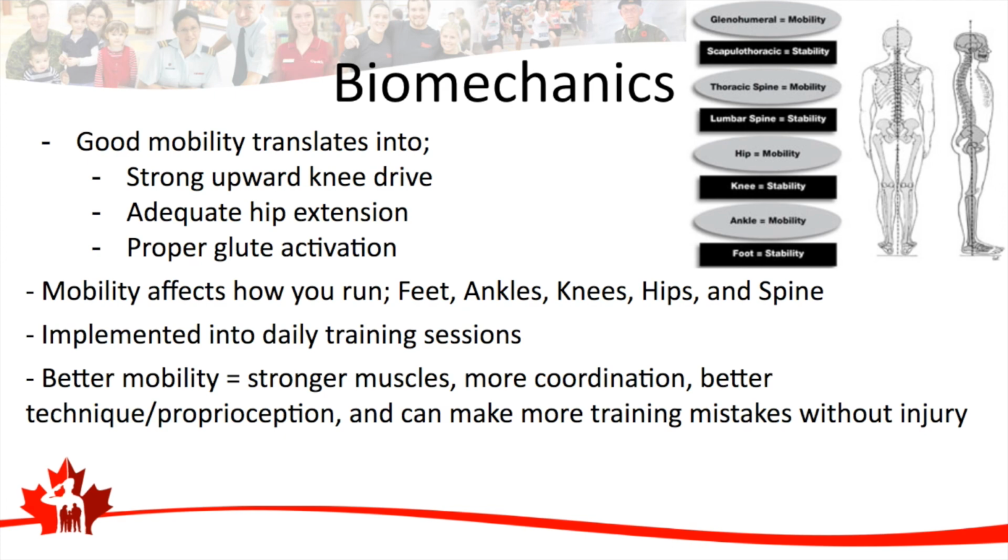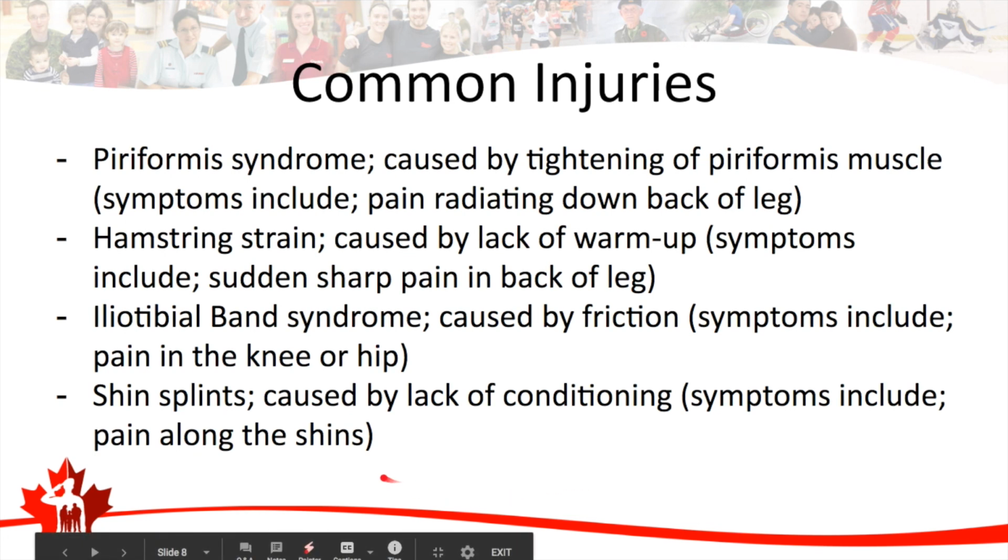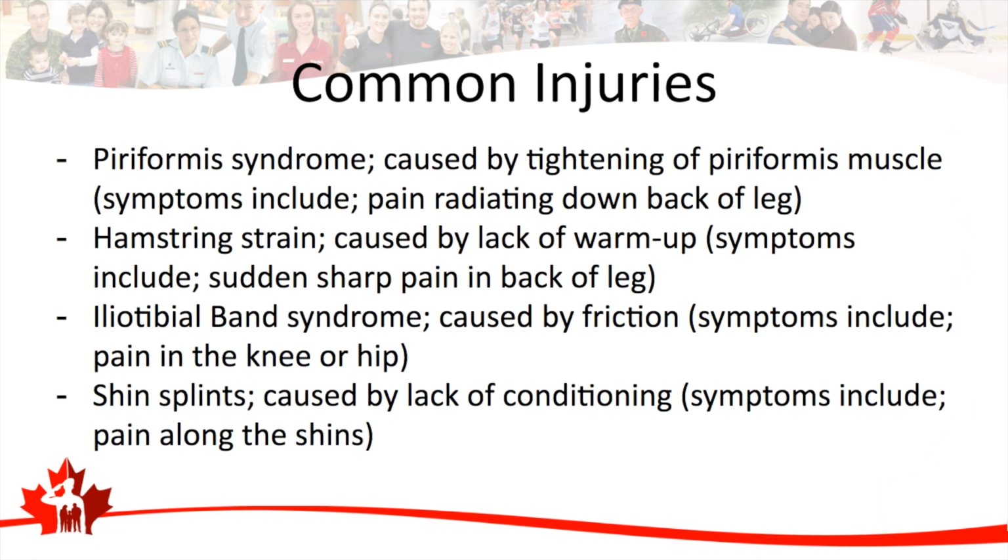They can also make more training mistakes without having a greater risk of injury. Some common injuries that we see with runners specifically are just listed here on this slide. So the causes are there as well as the symptoms.